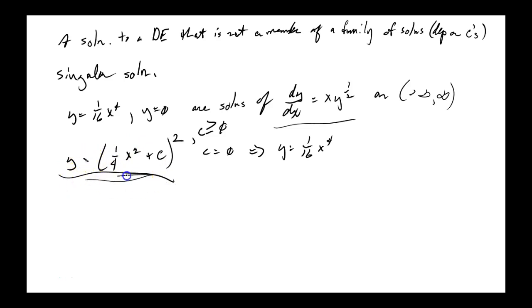So when we came up with this form, yeah, this one works, it fits it nicely. But how can you get y equals 0 out of that? There's no way of assigning a value for the constant c that's always going to give you y equal to 0. So that turns out to be a singular solution, okay? Because you can't get it from the single parameter system, okay?